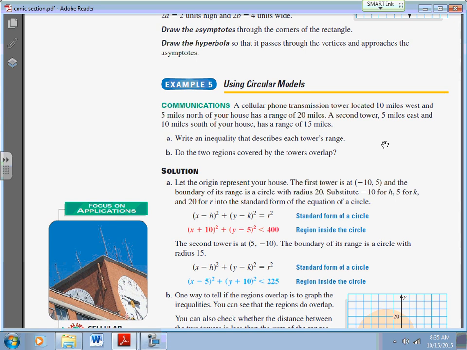And the cell phone towers, they have a radius. Let's say I'm a tower, right? However far I can transmit is not going to be different in one direction than it is in the other direction, unless there's an obstruction there.